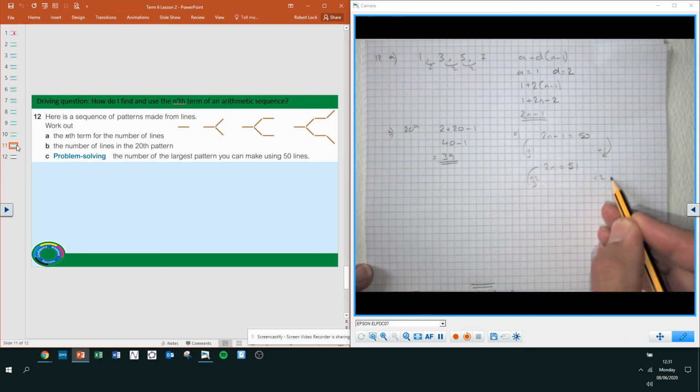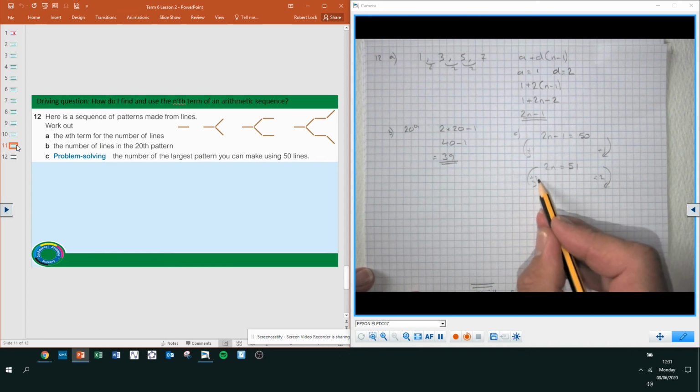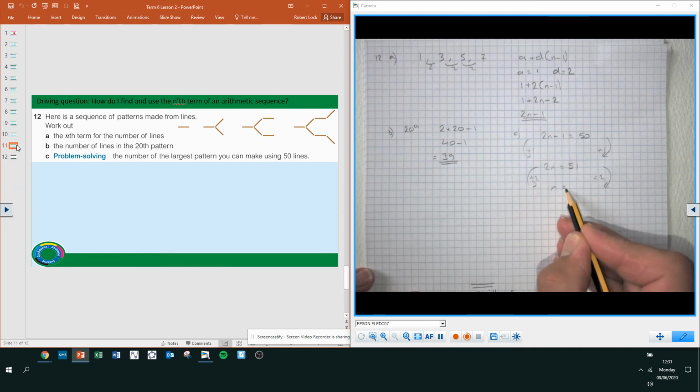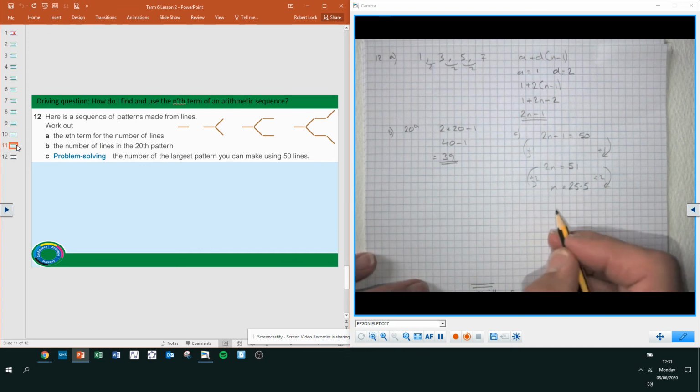You notice straight away 2 into 51 does not go evenly because 51 is not an even number, but we're after a pattern number. So 51 divided by 2 is going to be 25 and a half. So the largest pattern number we can make is not 26, but 25. So the answer there will be the 25th pattern. The 25th pattern. So the answer is 25.